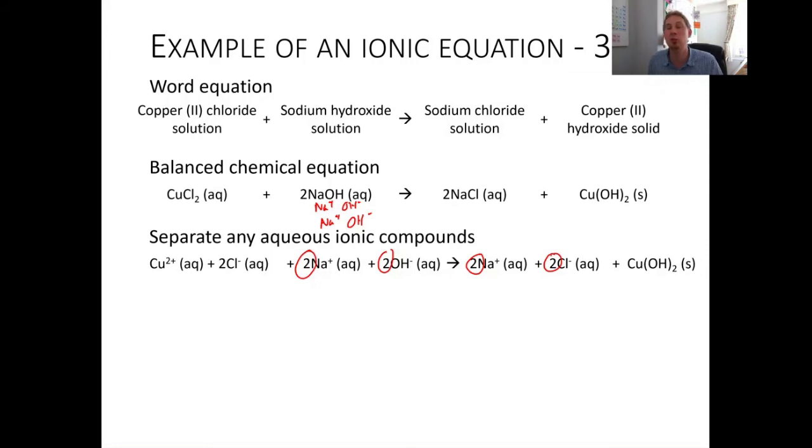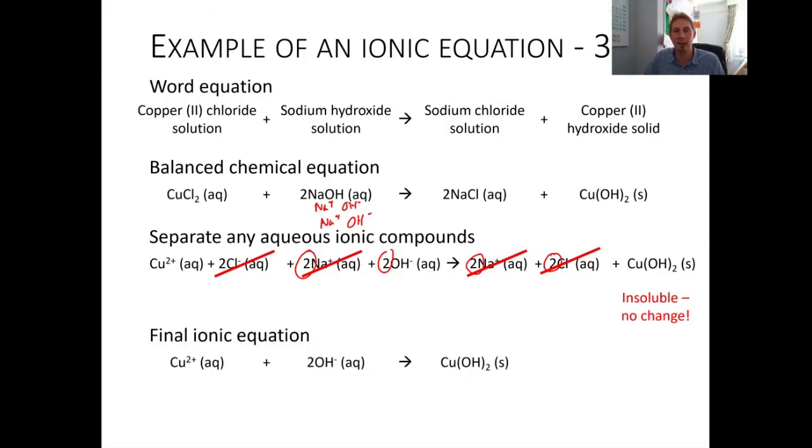If you forget those, you might run into trouble. If you haven't balanced your equation first, you might run into trouble. But looking at this, we can see that copper hydroxide is insoluble. We don't touch it. The sodium are spectator ions. The chlorides are spectator ions.